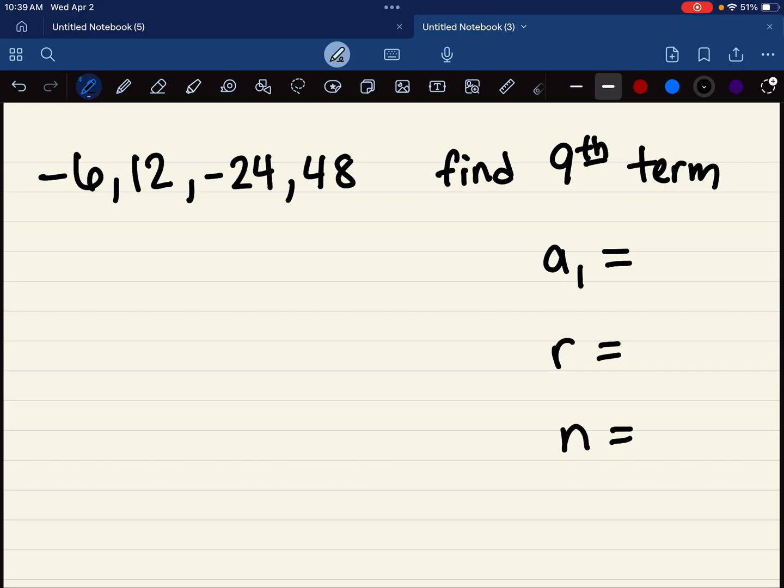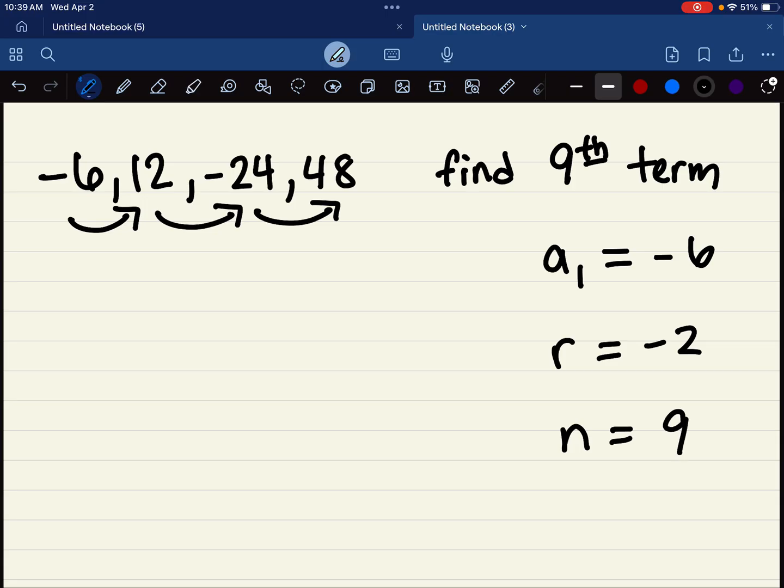A1 is what number? First term. What's our first term in the sequence? -6. Okay? -6 is our first term. R is the common ratio. How do I get from one number to the next? Times -2. N is the term we're finding. What term are we finding?